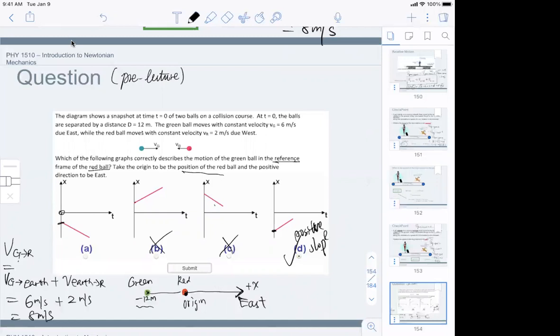So the green relative to red is green relative to Earth plus Earth relative to red. Green relative to Earth is given as 6, and it's moving in the positive direction, so it's positive 6. Earth relative to red, now this one might throw you off. Earth relative to red is how much?